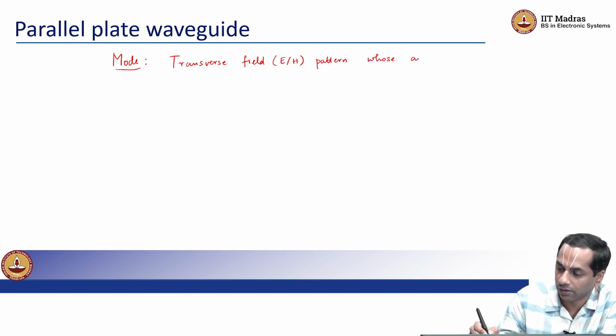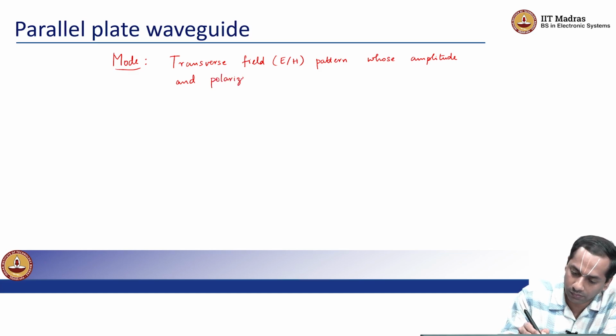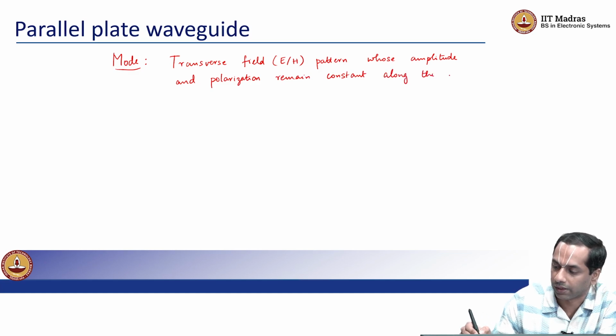Whose amplitude and polarization remain constant along the direction of propagation.